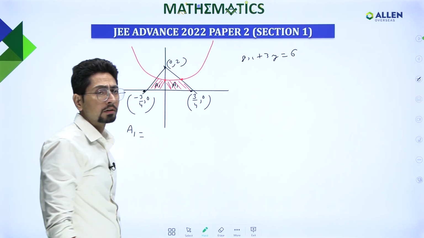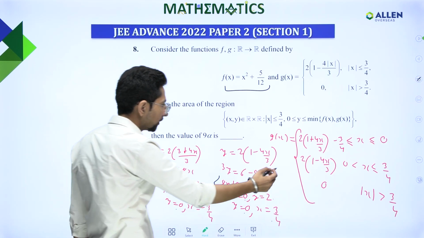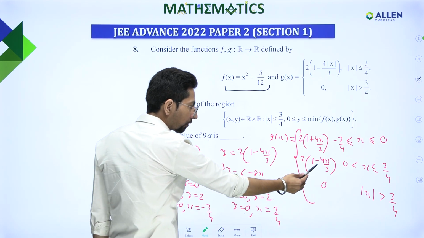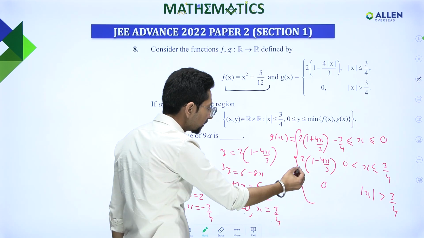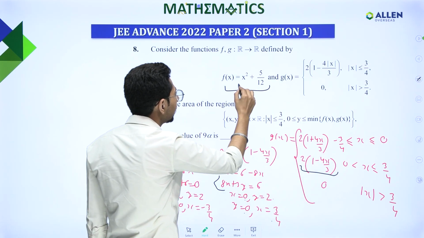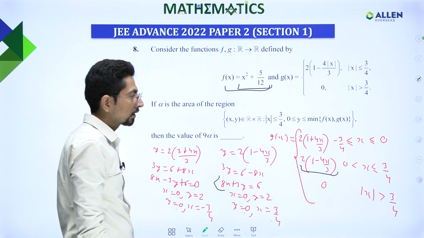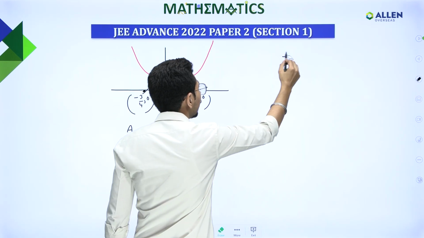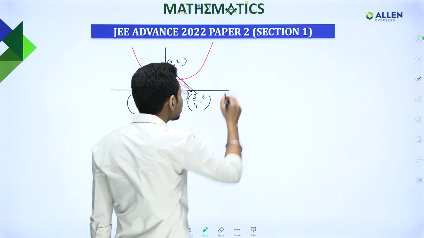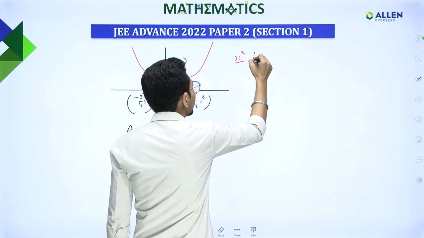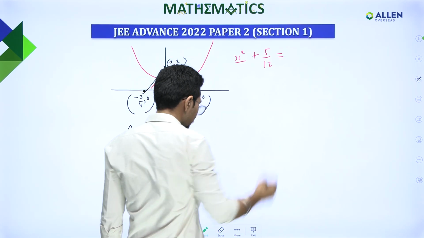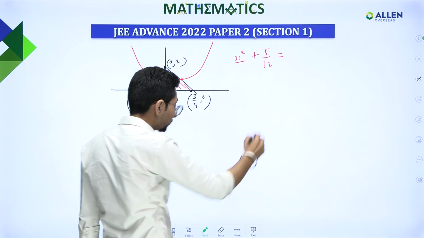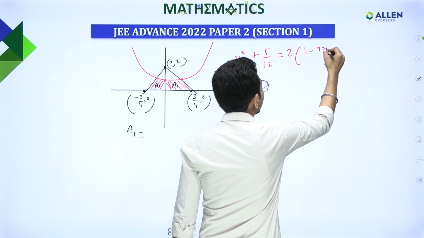Or you can directly take the intersection with this part only, right? The line with negative slope is this one only, minus 8 by 3, you can see. This line, and you have to take intersection with this part. So directly writing x square plus 5 by 12, not writing this equation, x square plus 5 by 12 equals twice of 1 minus 4x by 3.